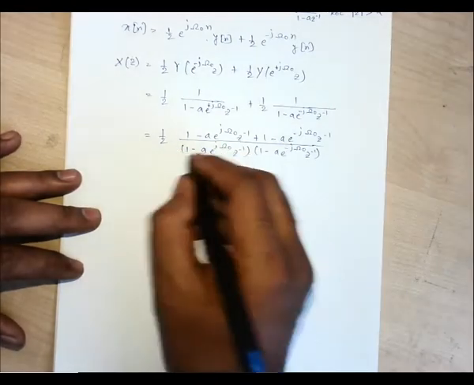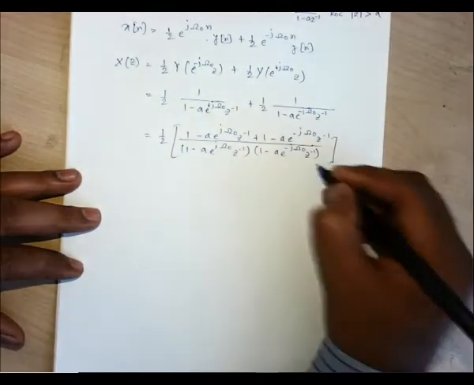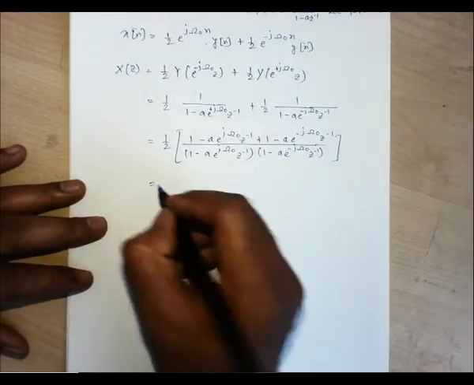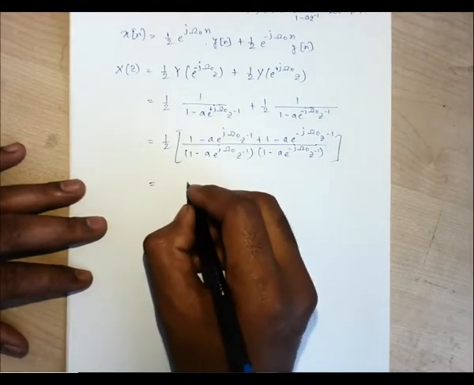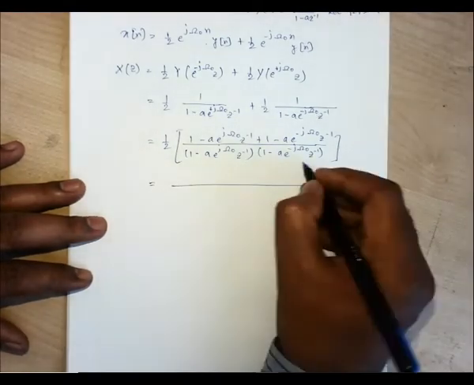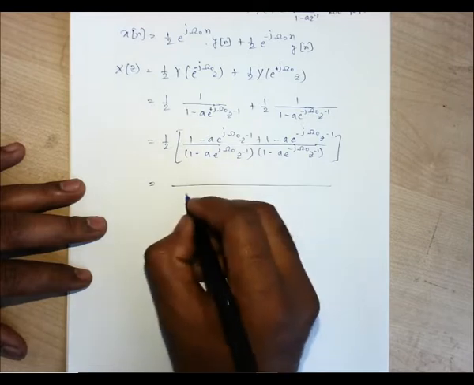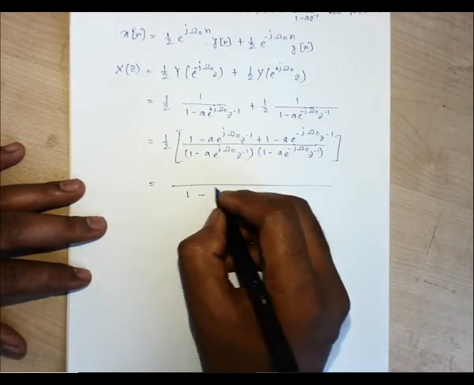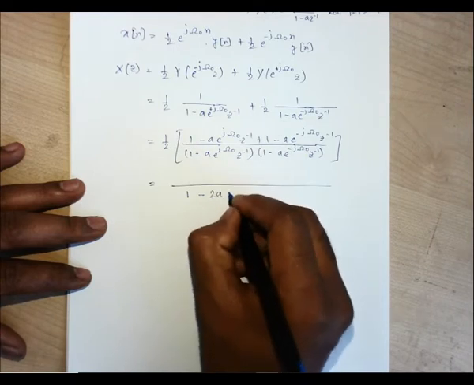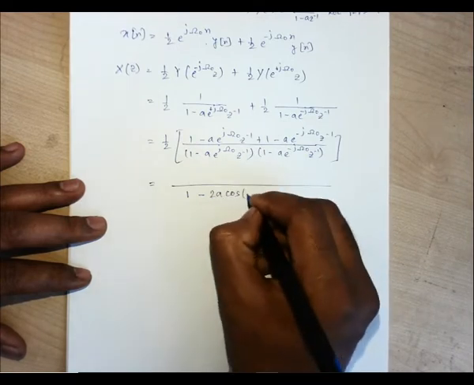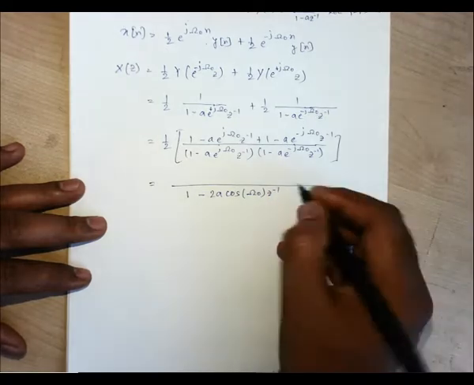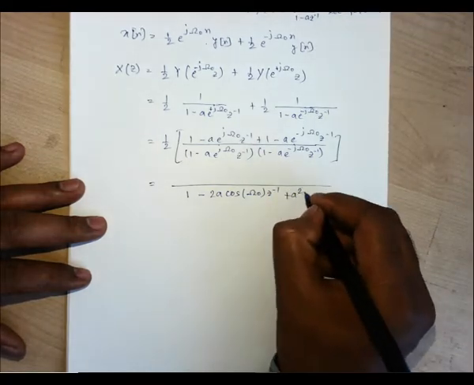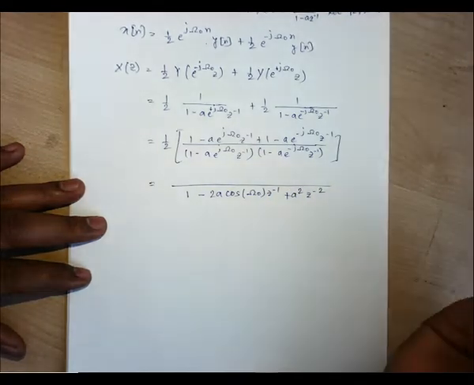So as a whole, this half is multiplied everywhere, so we can say this one will become, if you do the multiplication in the denominator, 1 minus twice a cos omega naught z inverse plus a square z to the power minus 2.